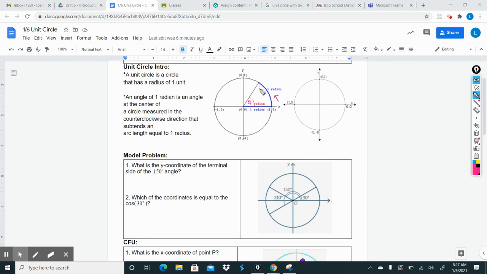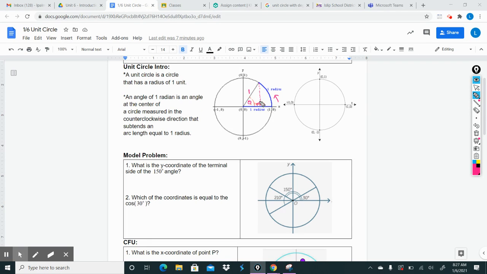If we were to create a right angle and bring a line down from this point to the x-axis to create that 90-degree angle, we can say that the sine of theta is the opposite over the hypotenuse, because we remember that this radius is also 1.